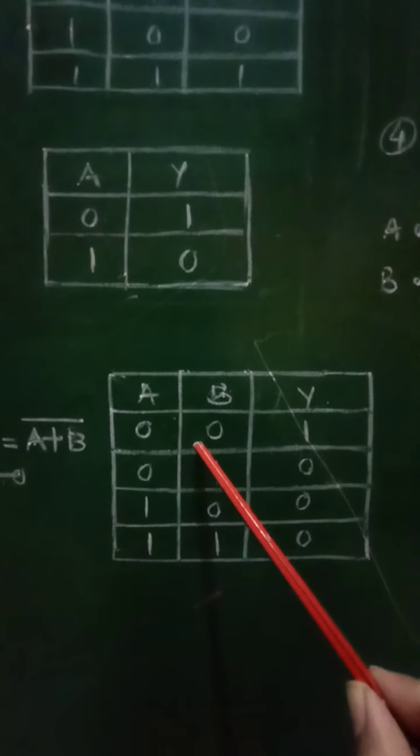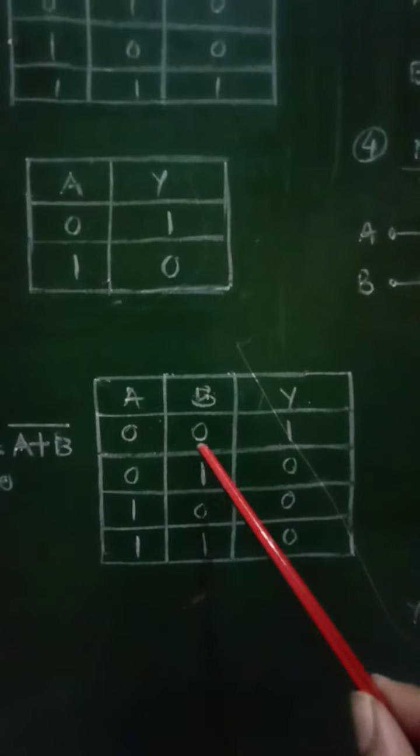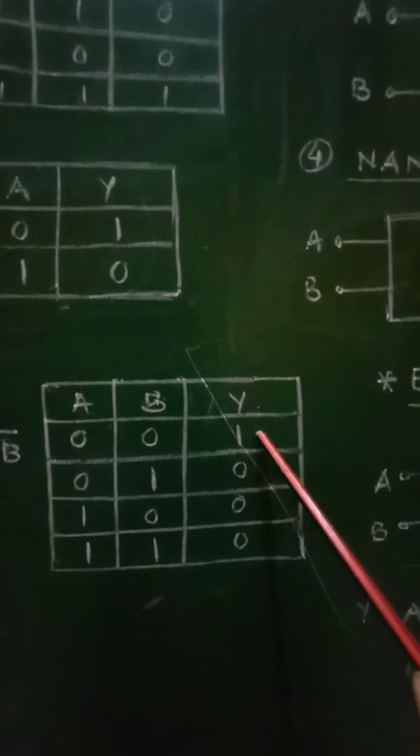And for all others, it will be 0. Therefore, we can say that if both of the inputs of the NOR gate are 0, we will get a high output, that is 1. So this will represent the truth table for this NOR gate.